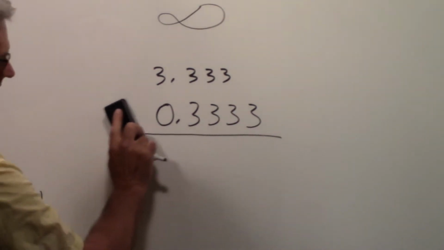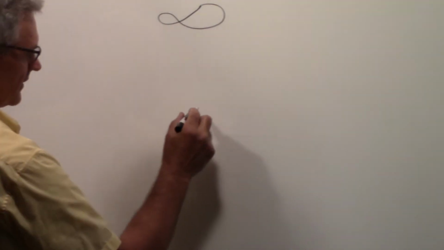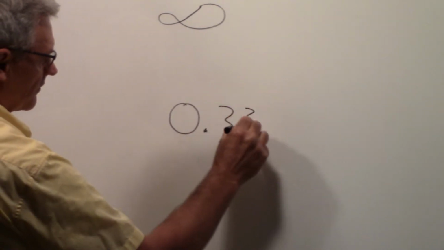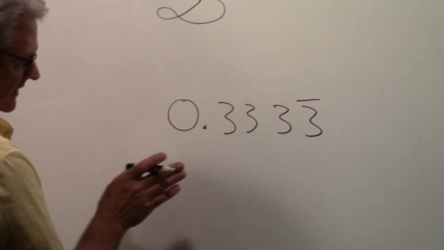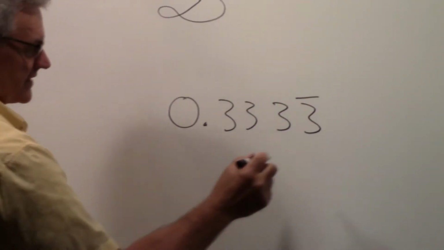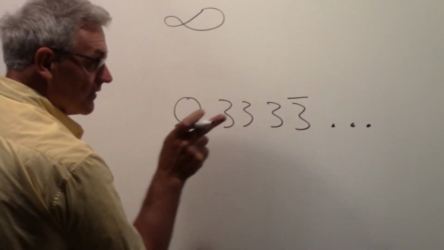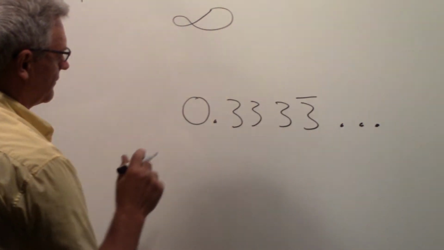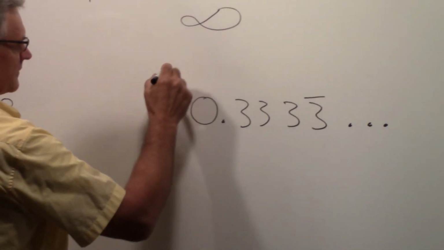But watch this. Let's look at the number 0.3333. And now we're going to say it's a repeating decimal, so it means the 3 goes all the way out to infinity. So 3333 all the way out to infinity. Now let's multiply that number by 10.